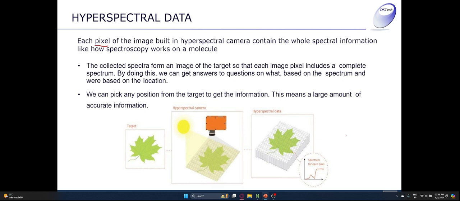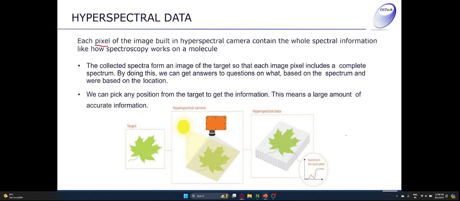By having each pixel, you can tell what is there based on the spectrum, and where, because you can learn the coordinates of the pixel itself. So this is the best way to identify molecules using a camera.